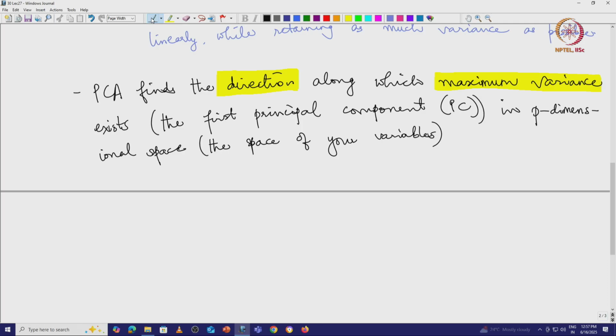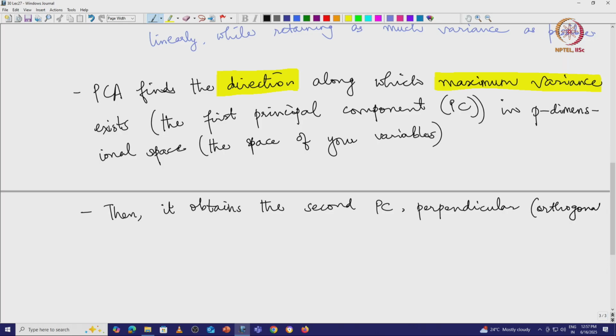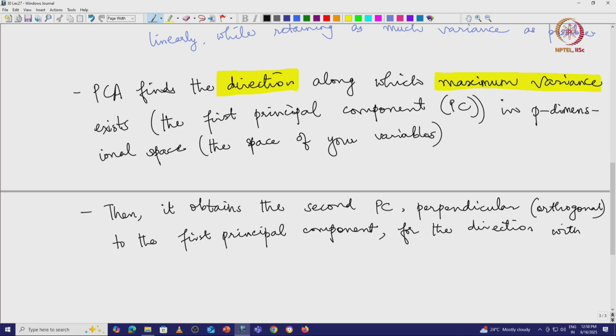So, once the first principal component has been obtained, then it obtains the second principal component perpendicular or orthogonal to the first principal component for the direction with the next highest variance.